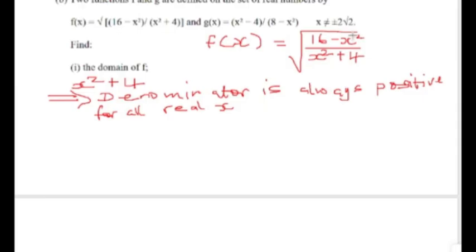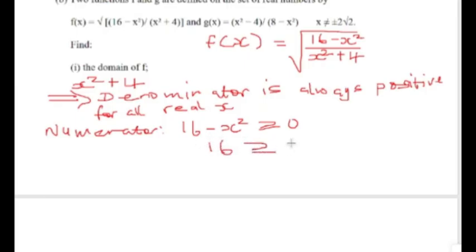Now let's examine the numerator. We have 16 minus x squared. Now for the numerator, we observe that 16 minus x squared must always be greater than or equal to 0. Okay, it cannot be less than 0, else it will lead to a complex solution. So this becomes 16 is greater than or equal to x squared, which gives us x squared is less than or equal to 16.